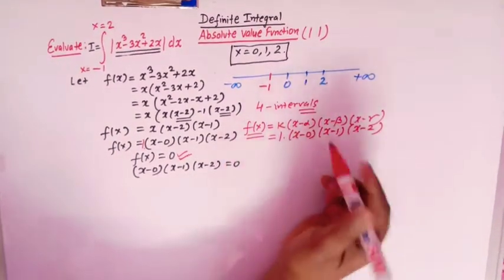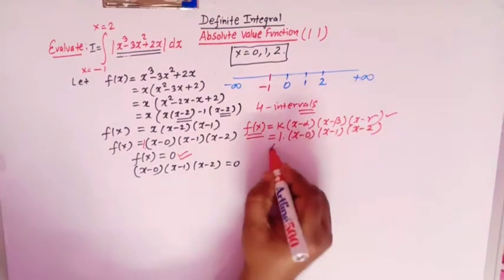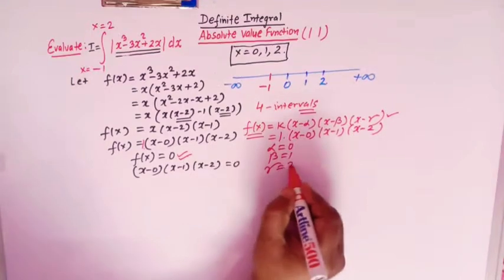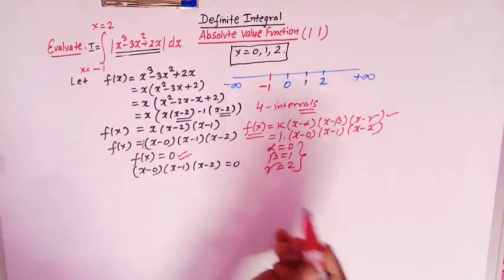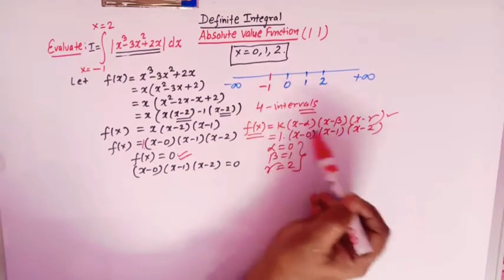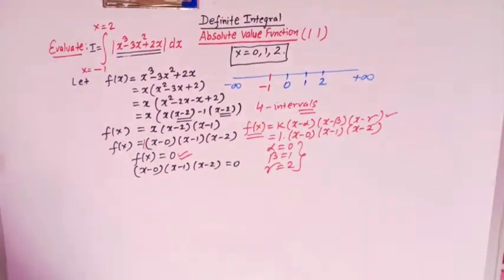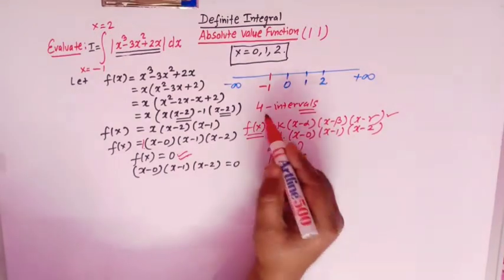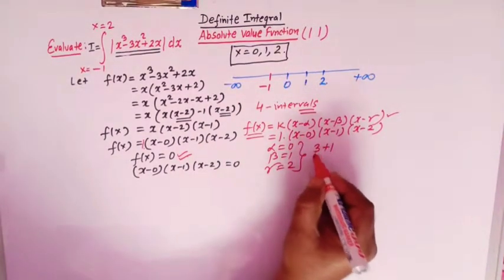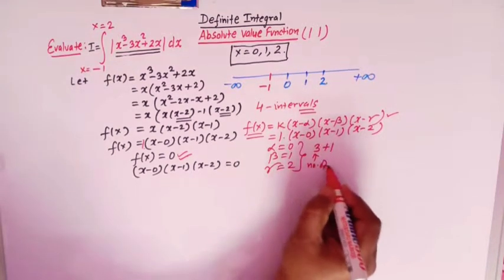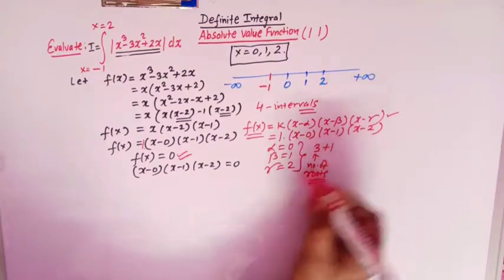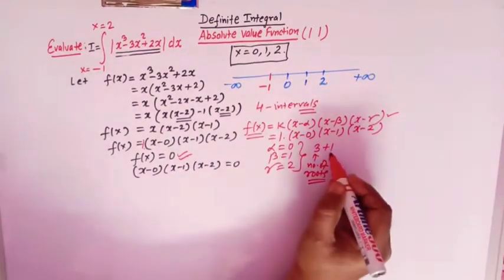Here f of x is of this form, where alpha is 0, beta is 1, and gamma is 2. So we have 3 roots, and 3 plus 1 gives 4 intervals. 3 is the number of roots, and 1 comes from the theorem.